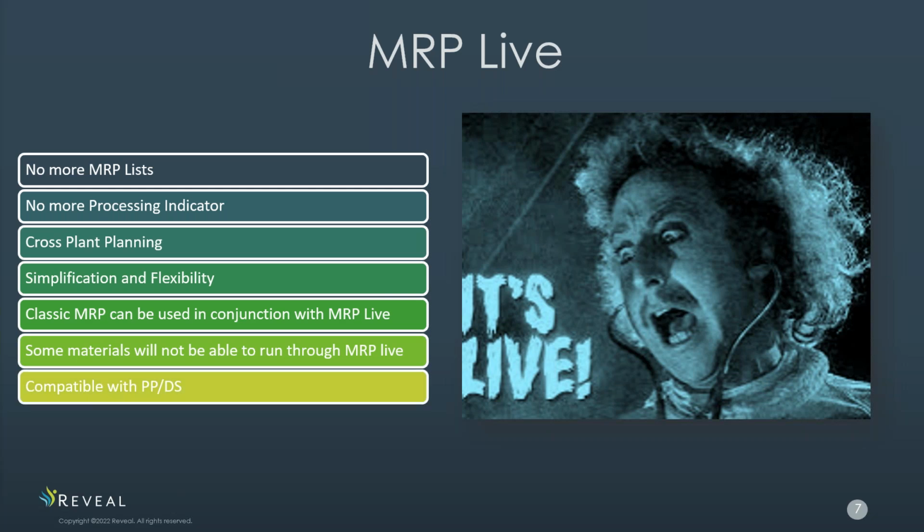The other thing that's nice, and it's a great show of support, is that MRP Live is compatible with PPDS. So if you are working in an environment where you have maybe semi-finished and finished goods or finished goods only running through PPDS, you can still have that work smoothly within the MRP Live environment.